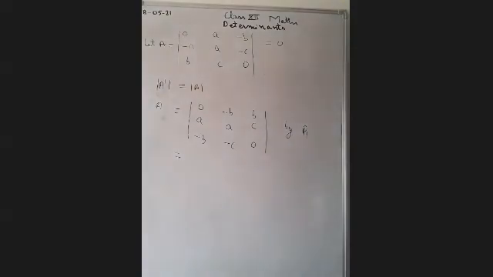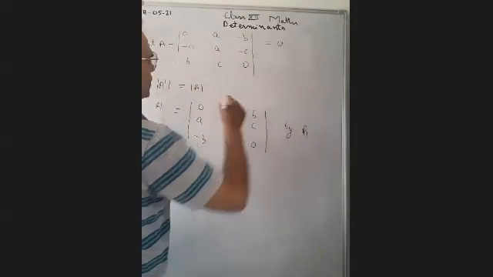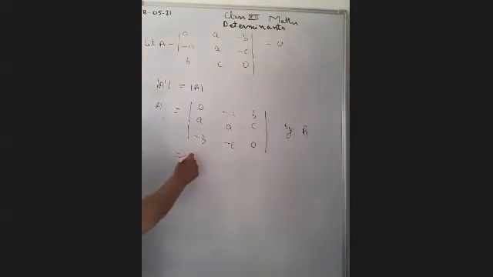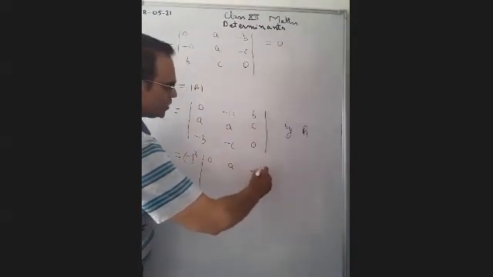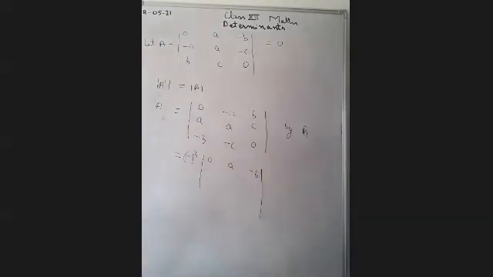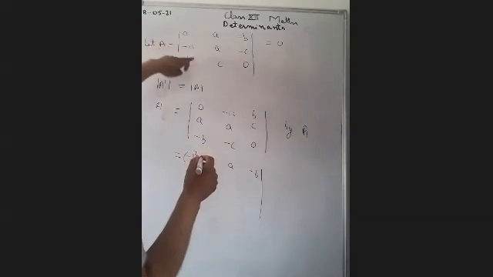Now we are taking minus 1 common from the first row and minus 1 from the second row also. So it becomes 0, A, minus B. We have multiplied by the minus sign. Here we have taken minus 1 common from the first row and minus 1 common from the second row also.